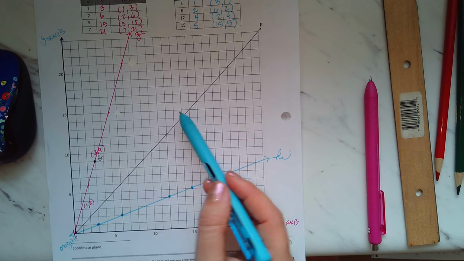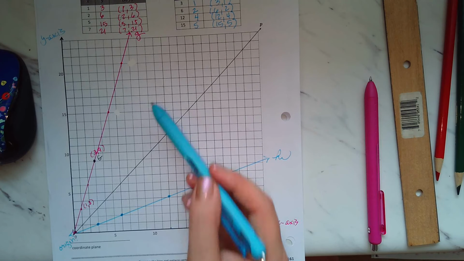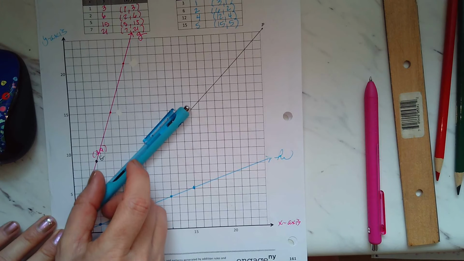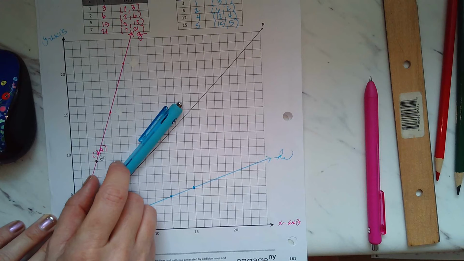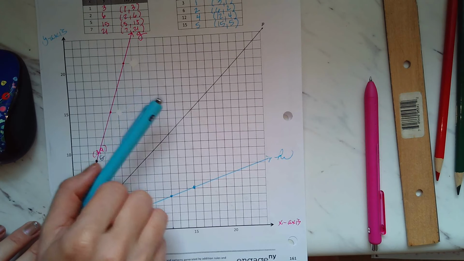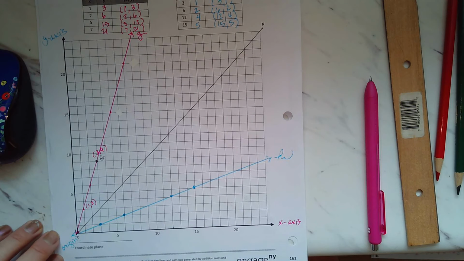So if you multiply by 2, of course it's going to increase more drastically. So multiplying by 2 is more than multiplying by 1 and is less than multiplying by 3. It's kind of almost like measuring angles on a protractor. 60 degrees is between 45 degrees and 80 degrees. So the line for multiplying by 2 should be in between the lines for multiplying by 1 and 3.